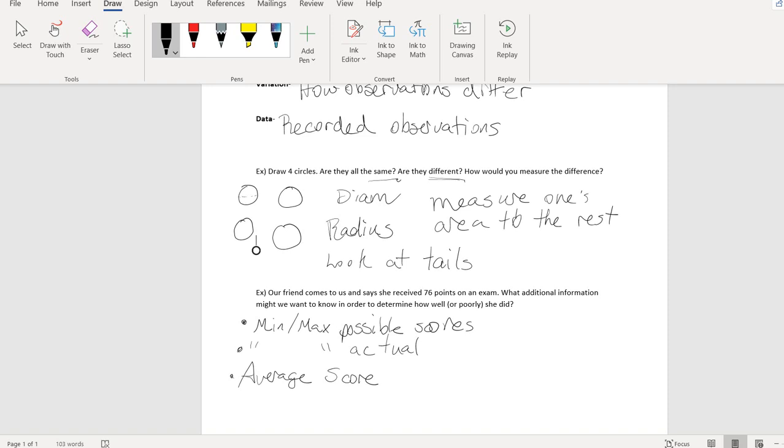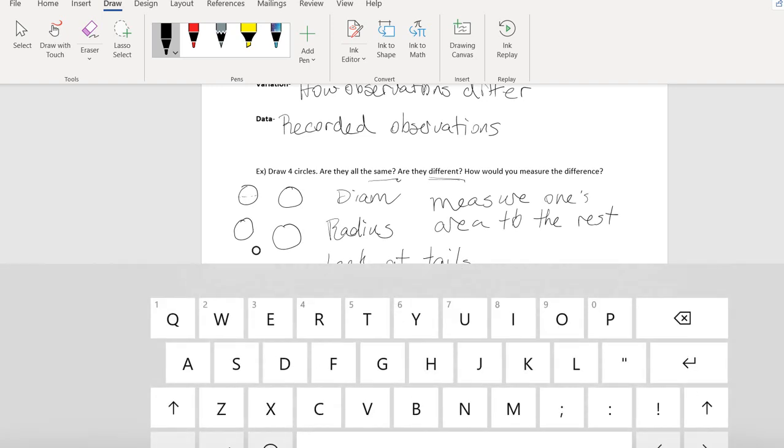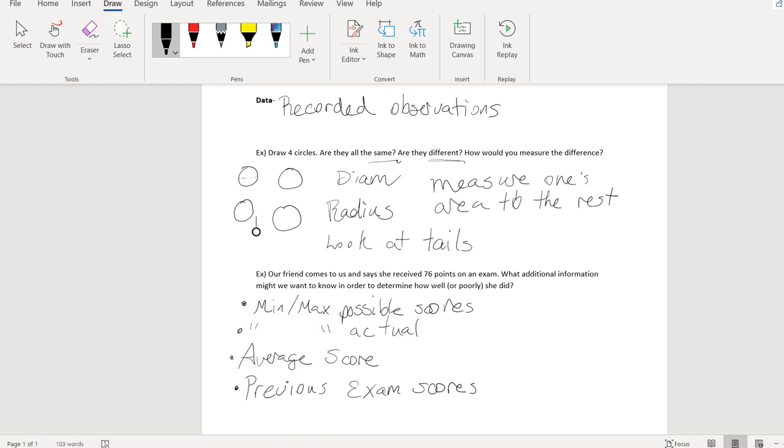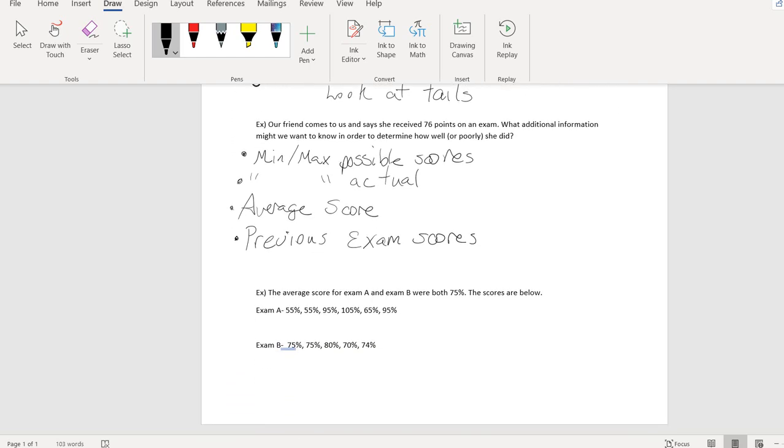Okay? And the other thing we might want to do is, maybe we're not interested in comparing her to others, but maybe her previous exam scores. Great. Now, the last thing that we're going to talk about is something called variation.